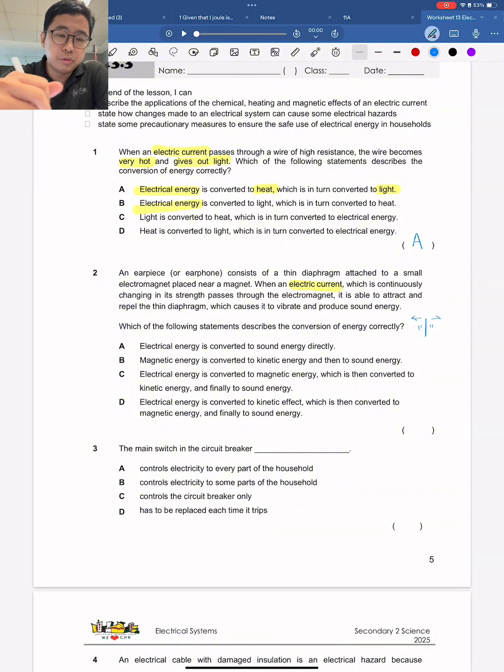You don't really need to know the full details of how it works. You just need to know that an electrical current passes through and changes the strength of an electromagnet. What does the electromagnet do? It's able to attract and repel, which causes it to vibrate and then produce sound energy. So there's the idea of electrical energy, and then something moving, and then converted to sound.